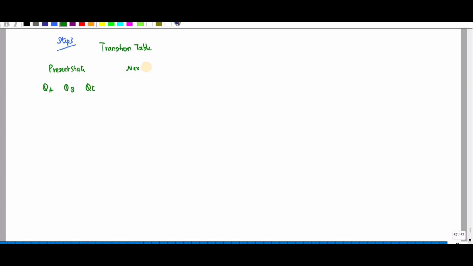The next state is QA plus, QB plus and QC plus. Since we are using JK flip-flops, we have JA, KA, JB, KB, JC, KC.